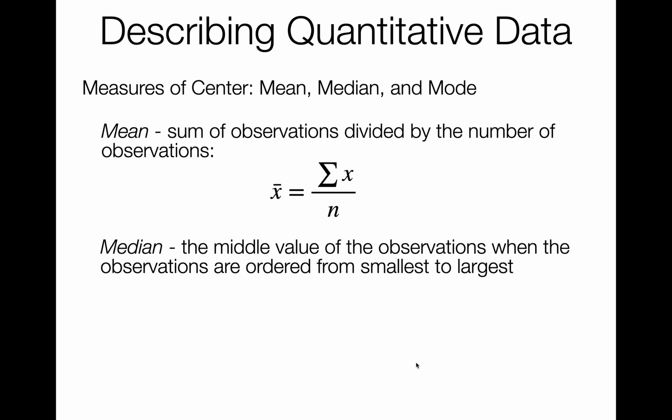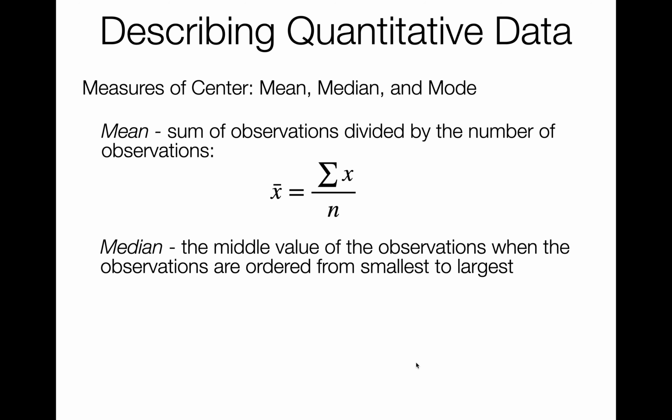The median is different than the mean. The median is the middle value of the observations when the observations are ordered from smallest to largest. Again, this describes the process of getting to the median. You probably remember doing this sometime before now.